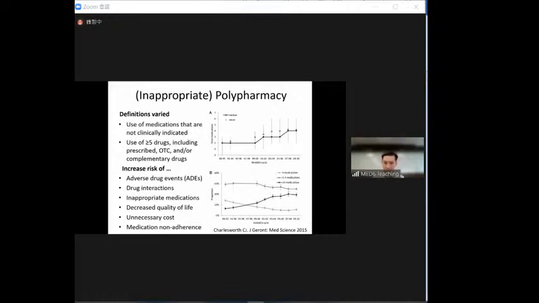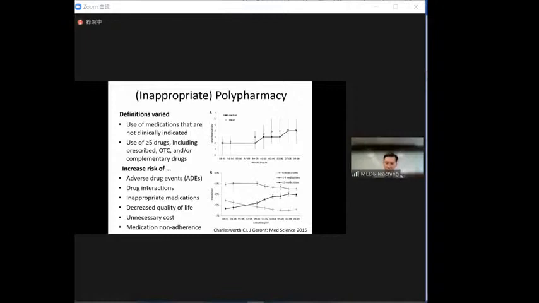The definition of polypharmacy is really difficult, and there are multiple and various definitions. In those days, more than 5 drugs was defined as polypharmacy. But I don't think it is important right now. Maybe 99% of patients have polypharmacy, if I'm talking about hospitalized patients, right?